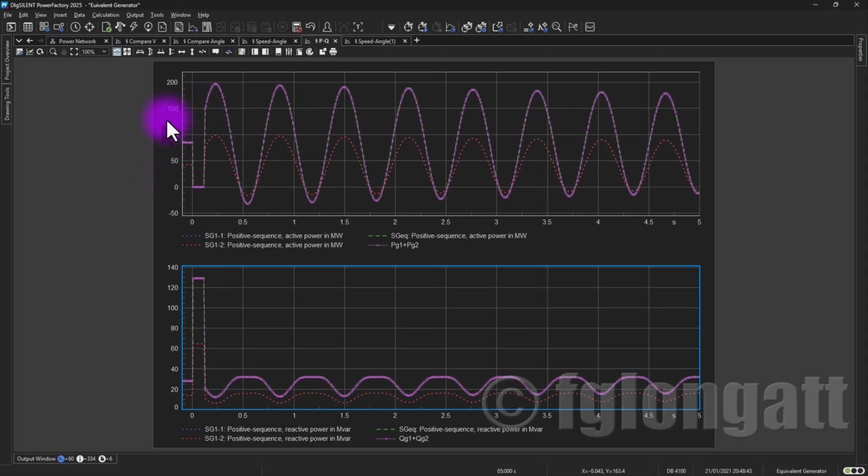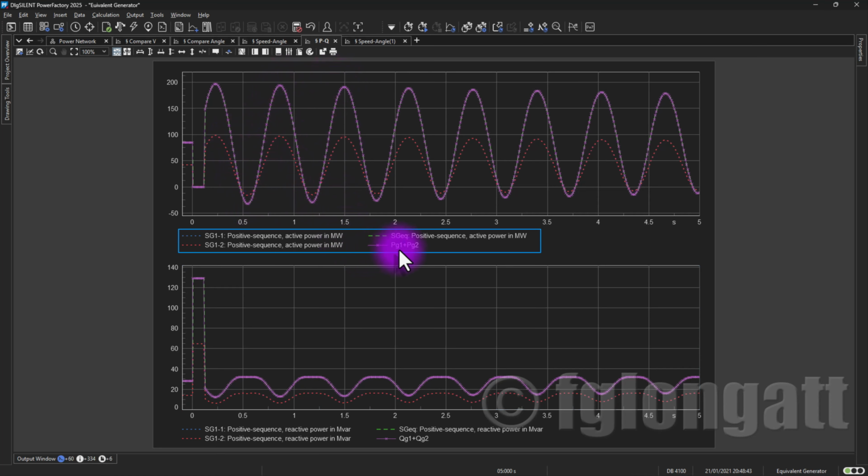In this case, this is the active power P in megawatts, and below you can see the reactive power, and the units are MVAr. Of course, if we compare the individual power produced by each generator, it will be half of the power created by the equivalent generator.